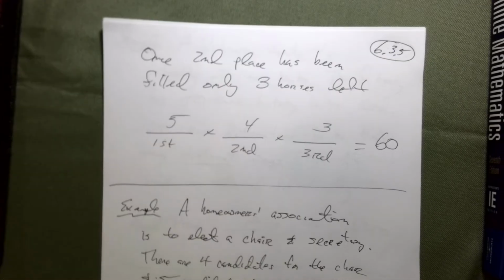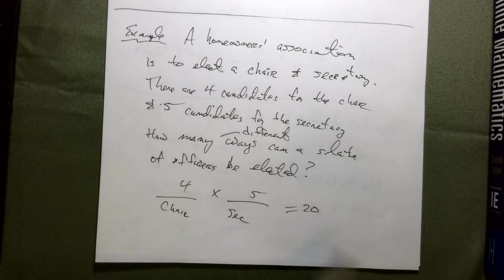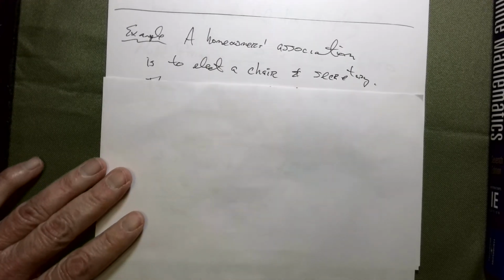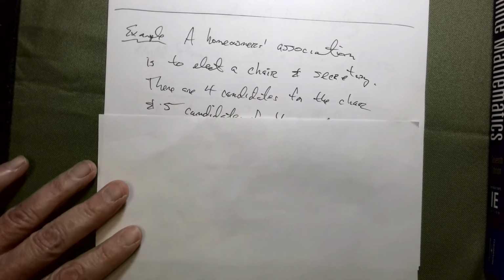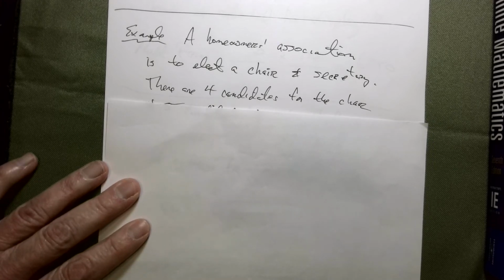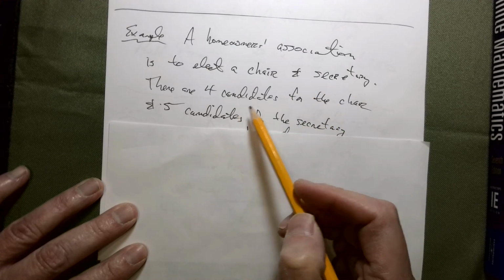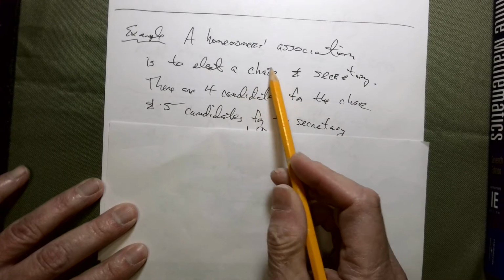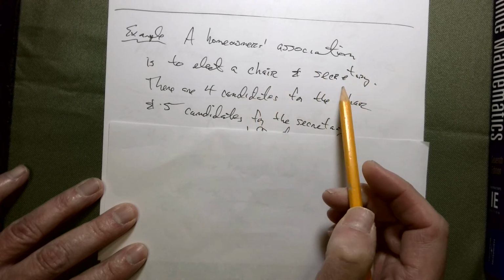Let's take a look at another example. A homeowners association is going to elect a chair and a secretary. There are 4 candidates for the chair, 5 candidates for the secretary. Now notice that here we have a distinction between the types of positions.